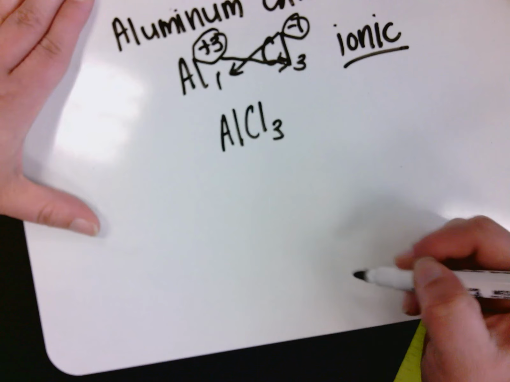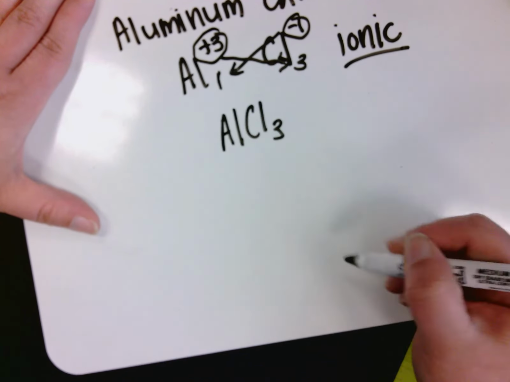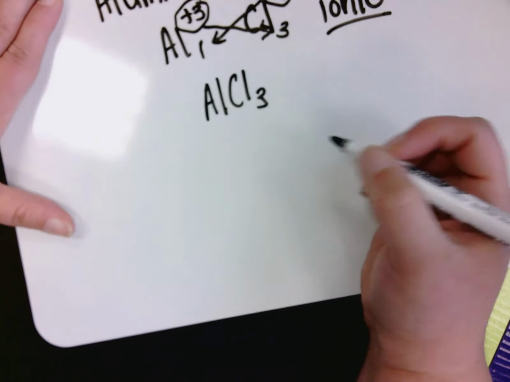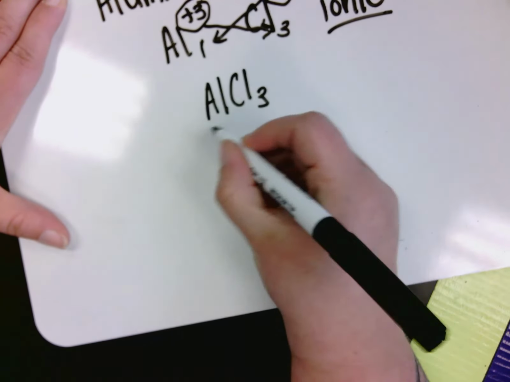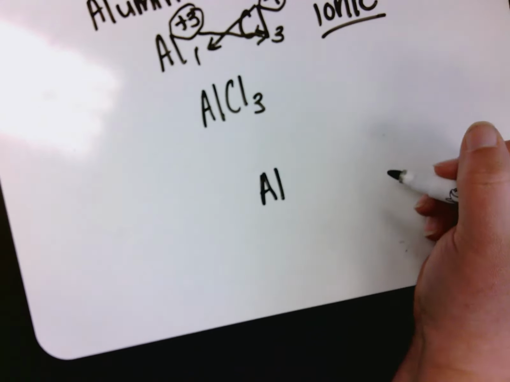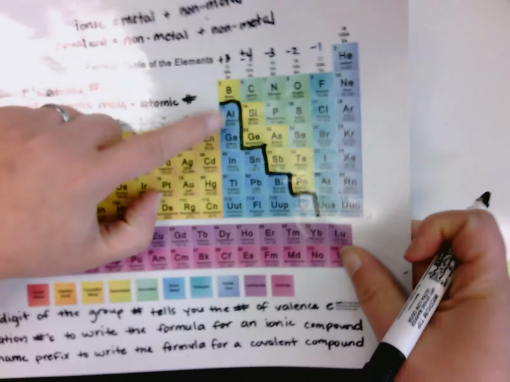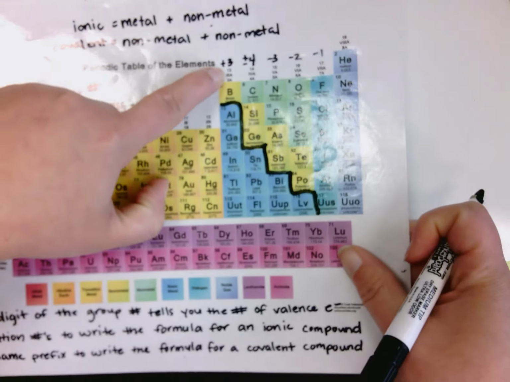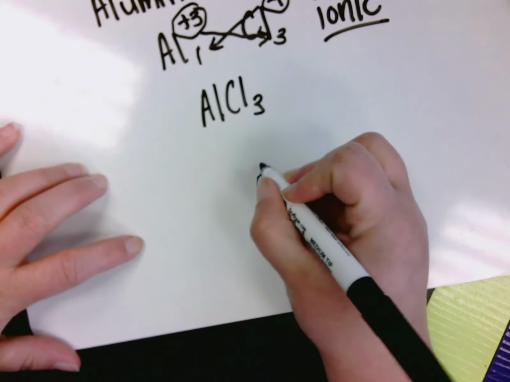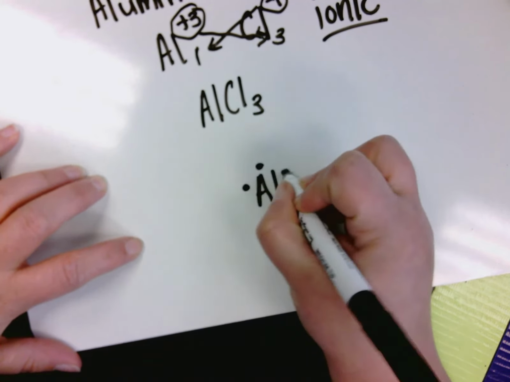Now I need to be able to draw a Lewis dot structure showing this type of bond situation with this ionic bond here. So, since there's only one of these aluminums, I'm going to put it in the middle. Okay? And according to the periodic table, aluminum, which is in group 13, has 3 valence electrons. So I'm going to go ahead and place my valence electrons around aluminum.